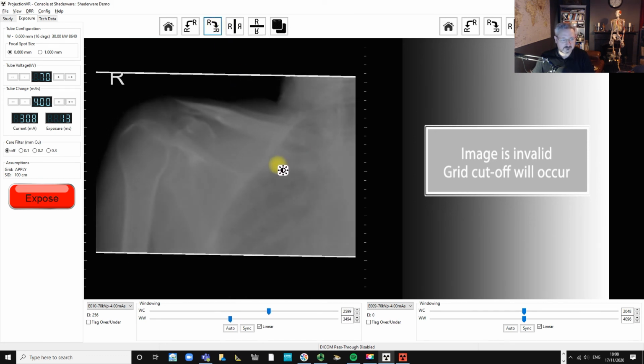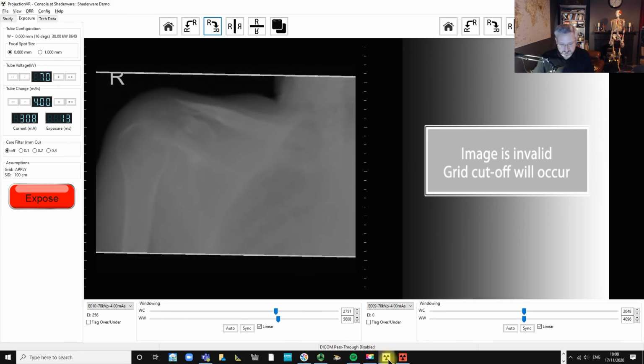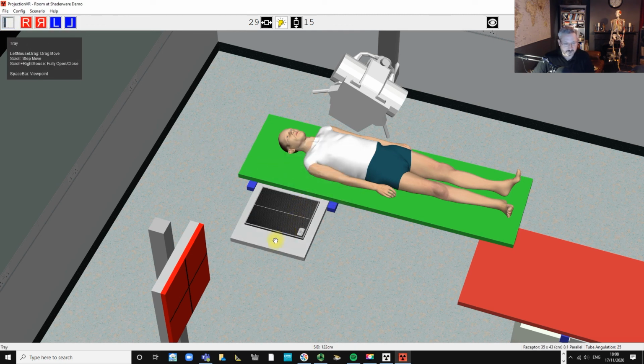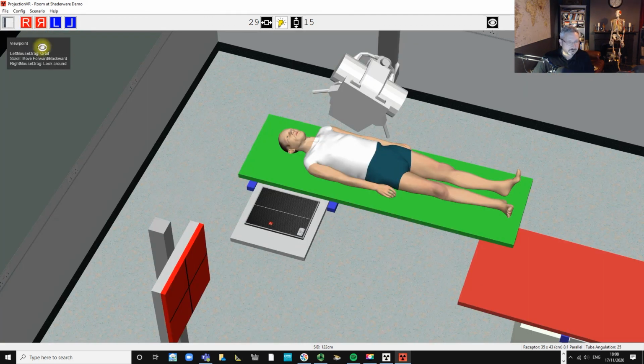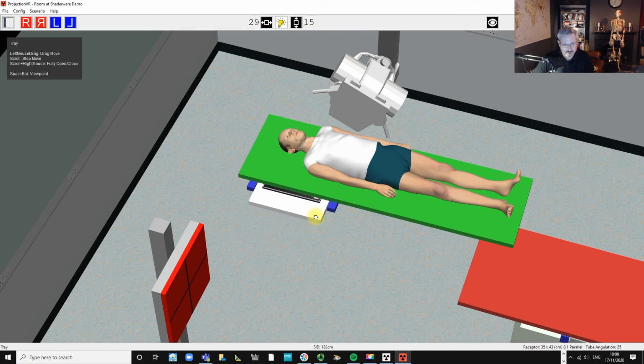Okay, so there you go. So there's the non-grid image, which is reasonable, but still fairly scattery. We could collimate a bit more, I suppose, which would help. Or the other alternative is to use a larger receptor. So we can use a larger receptor, put the marker here, and this is now a grid, but the grid line is now in line with the angle, so it should be fine.